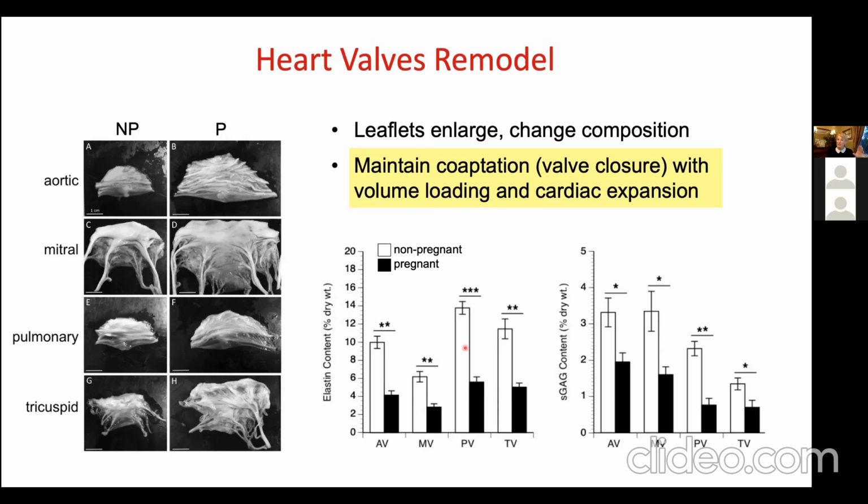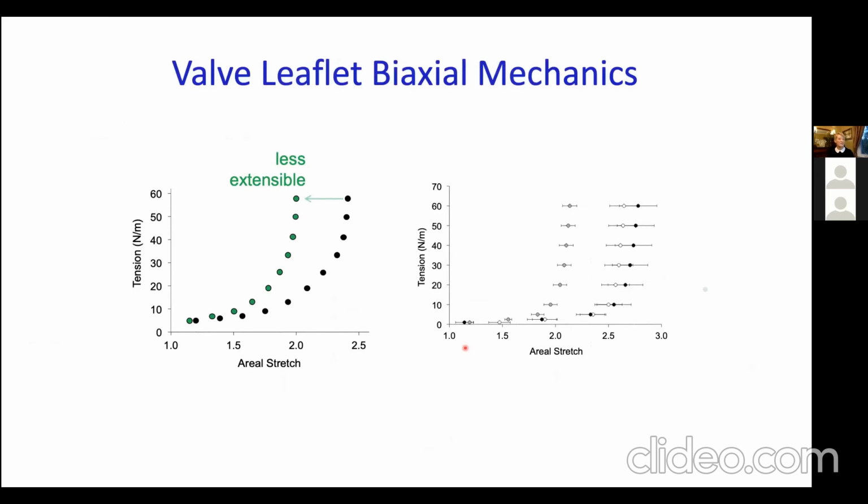And we saw this with the other tissue components as well. Collagen content went up, elastin content went down, and the mechanical properties of the leaflet also changed. Without going through what these curves mean, these are tension areal stretch curves, similar to stress-strain curves.